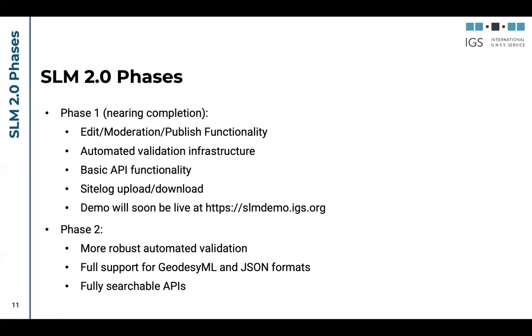And then once we're in operation with SLM2, we'll move to phase two and add some more goodies that we'd really like to have, which is full support for GeodesyML, JSON, and make our APIs richer. And with that, I think I'm going to take over and go through a quick demo.